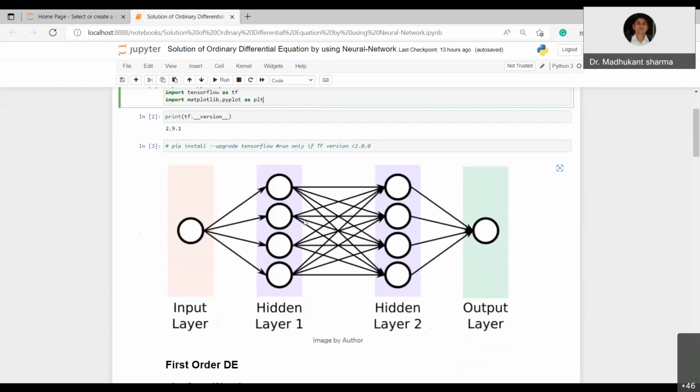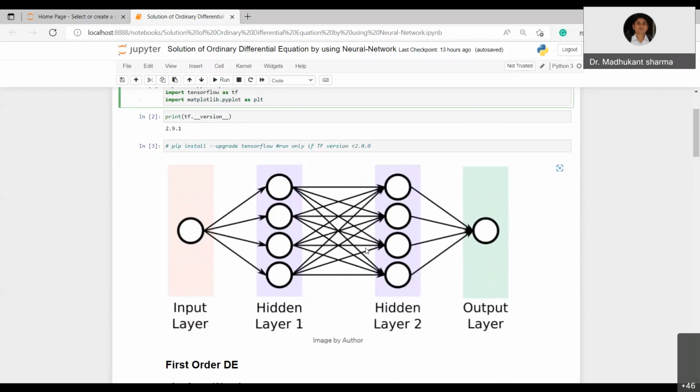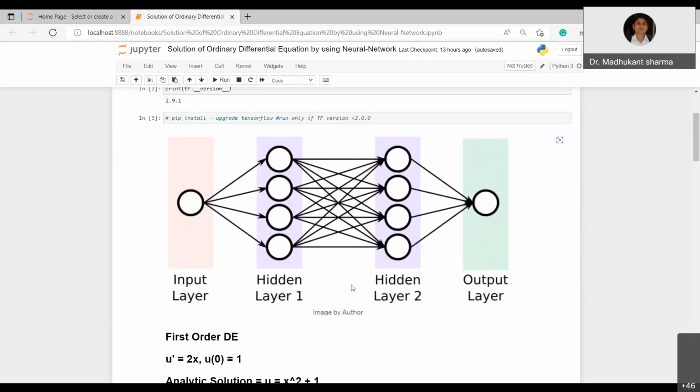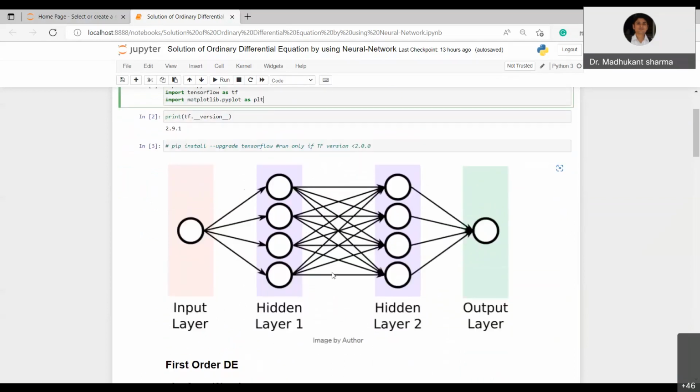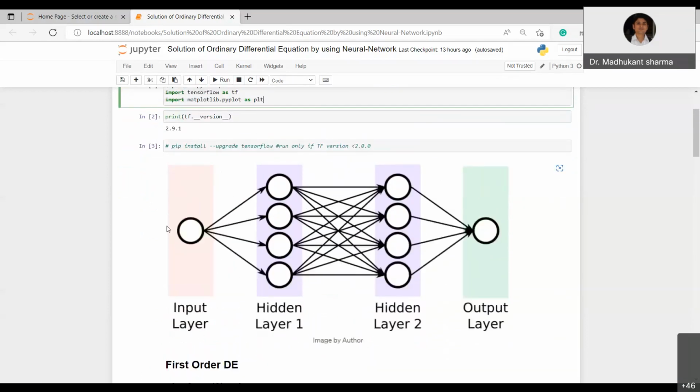I will first explain the neural network here, which nodes we can use and how many hidden layers, and that will help understanding. I have taken one input layer, then one hidden layer, then a second hidden layer, and then the output layer.